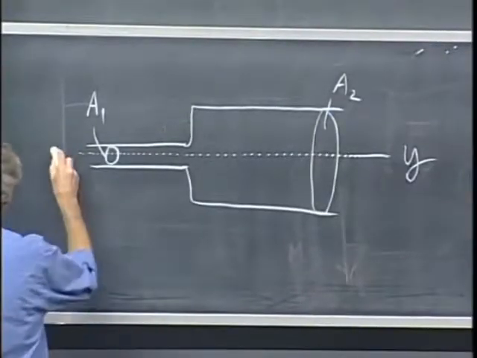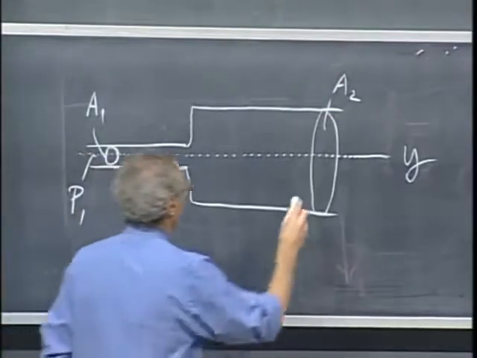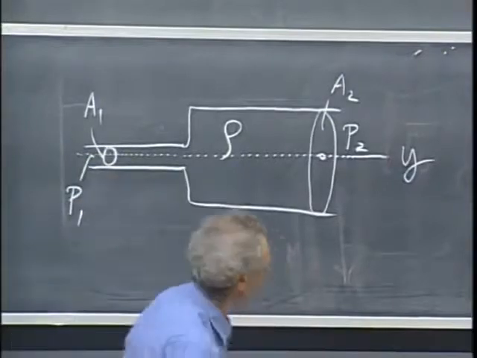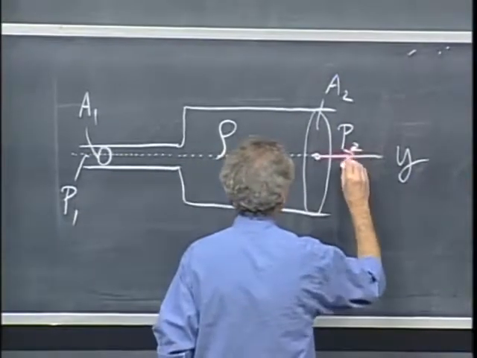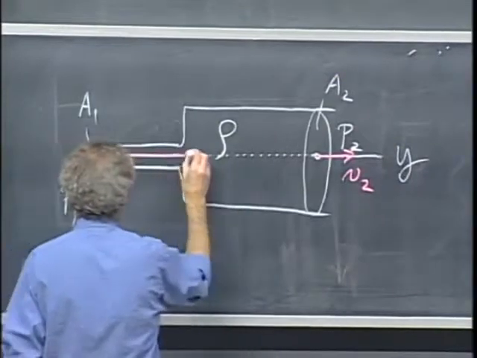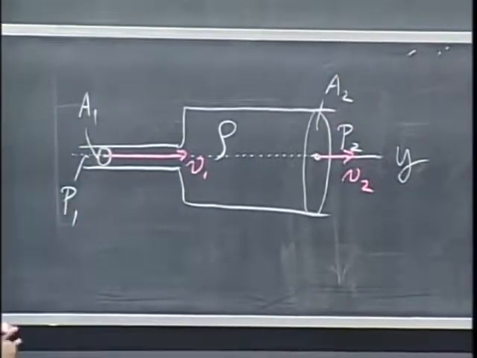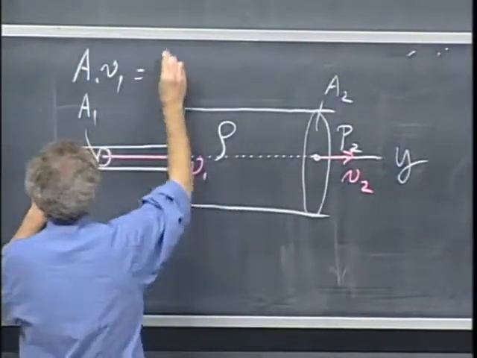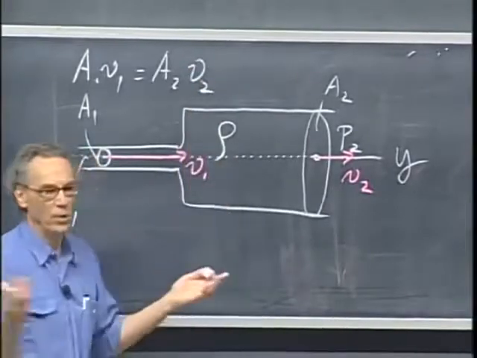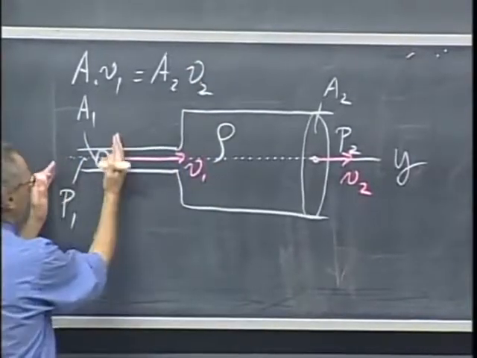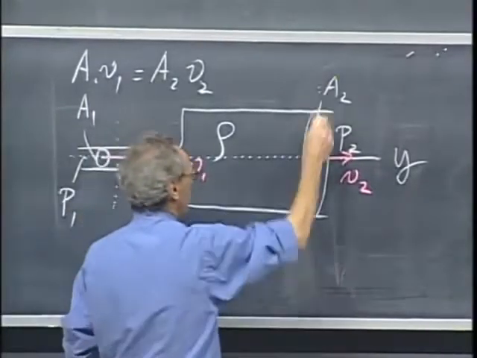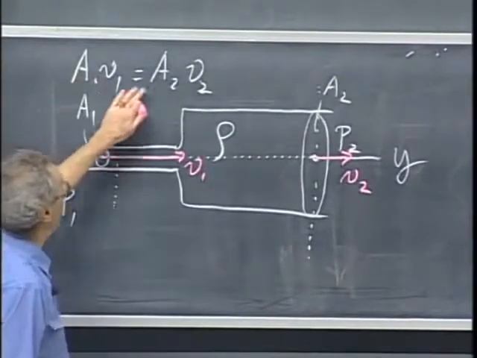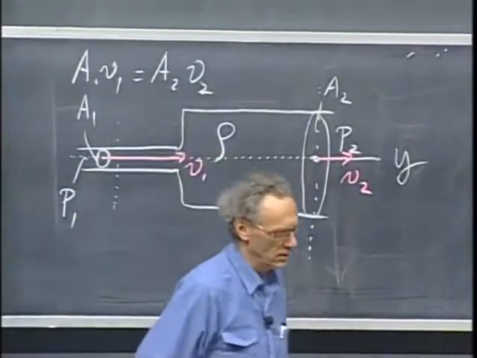I have here inside pressure P1, and here inside I have pressure P2, and this is the density of the fluid. There is here a velocity V2, and there is here a velocity V1. And clearly V1 is way larger than V2, because A1 times V1 must be A2 times V2, because the fluid is incompressible. So the same amount of matter that flowed through here in 1 second must flow through here in 1 second. Since A1 is much smaller than A2, this velocity is much larger than V2.